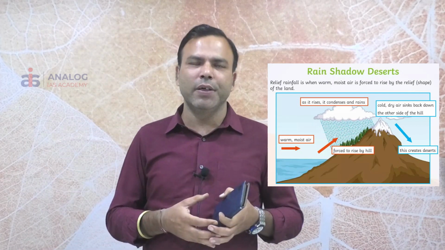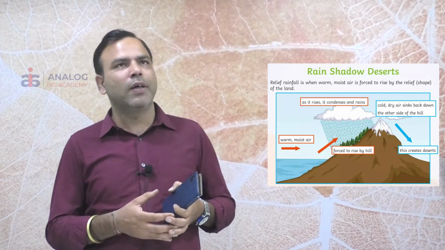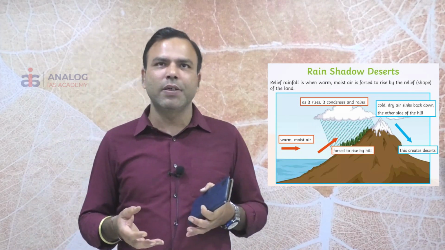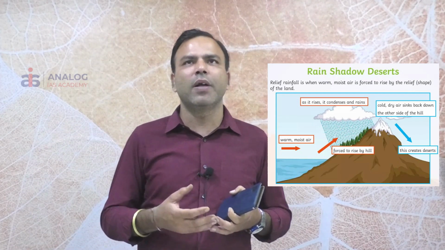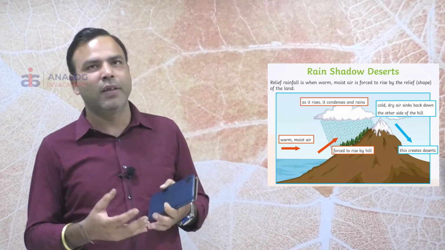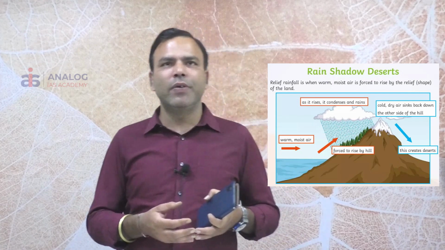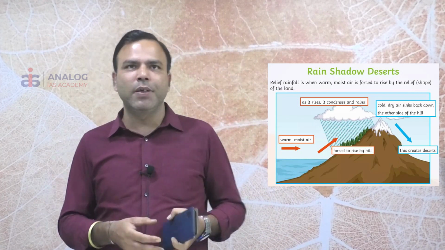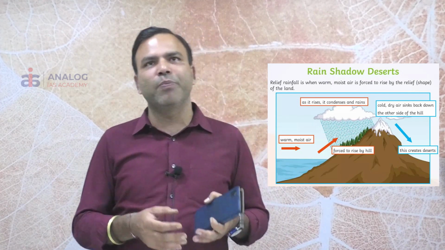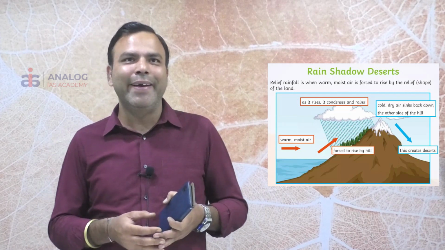In the rain shadow areas, they become leeward slopes of mountains. So such geographies become rain deficient permanently. The reason is these features are permanent, so the leeward slopes also remain permanent, and they maintain permanent rain shadow areas. For example, Ladakh of India is a desert.